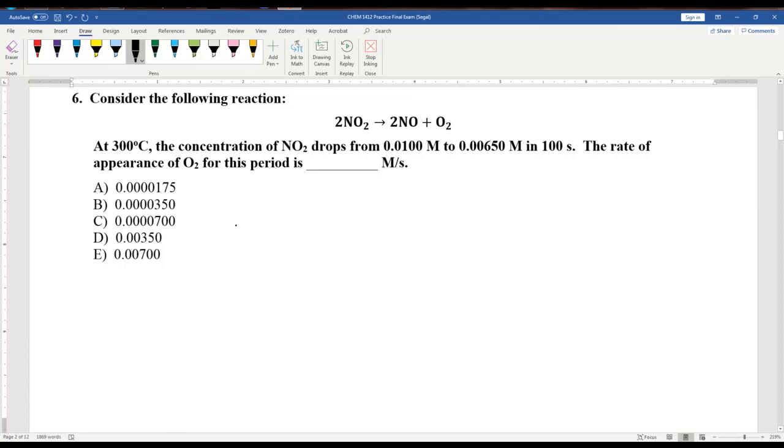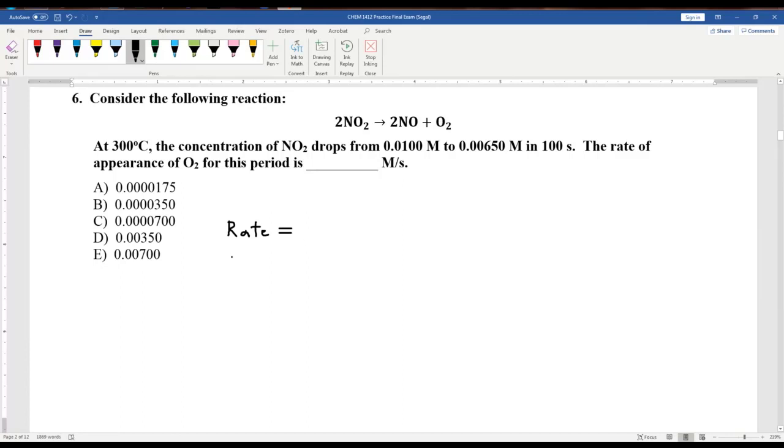So first of all, one of the things I would do with this particular problem is write up the rate expression for this reaction in terms of each of the reactants and products, because this is also the type of question you could potentially get.